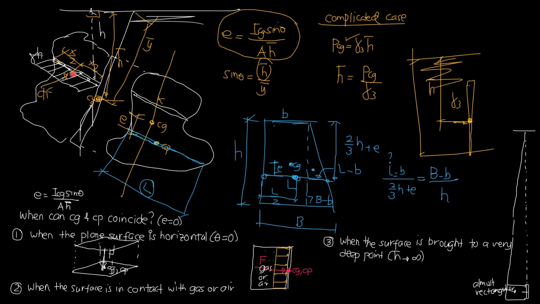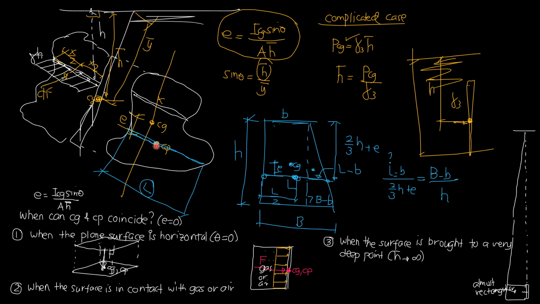Because of that, we conclude that CP is located horizontally, after we solve for L, at L over 2 from the left or from the right. So the idea is we have to solve for L through the center of pressure. After we solve for e, half of that L is the location of the center of pressure.